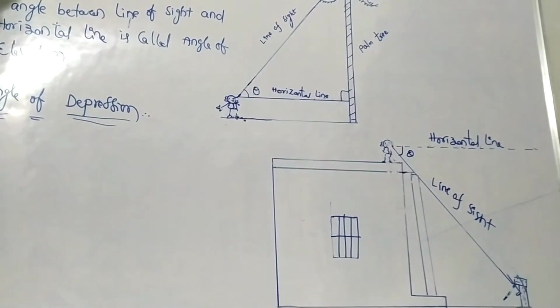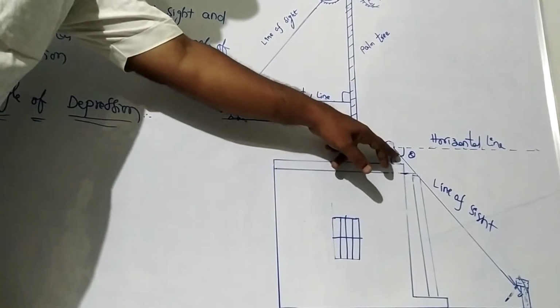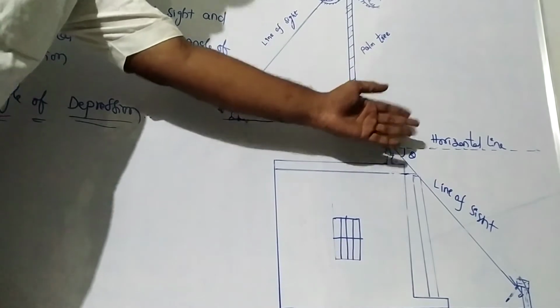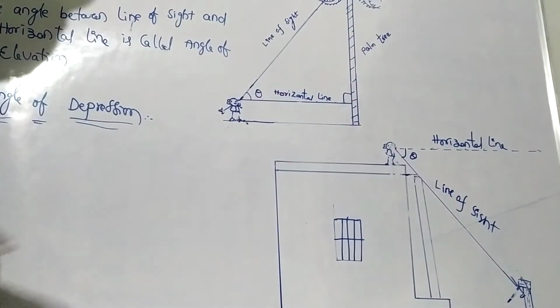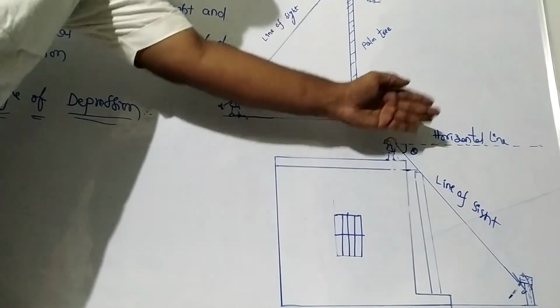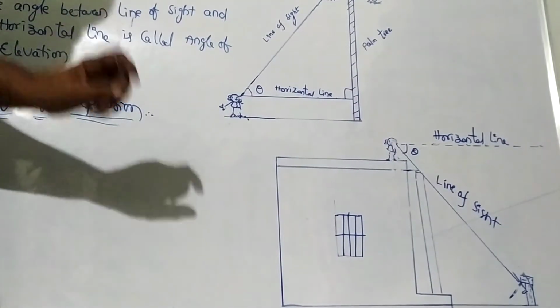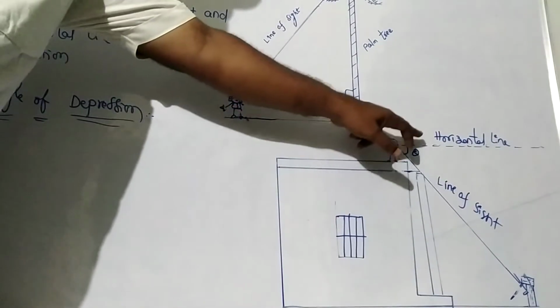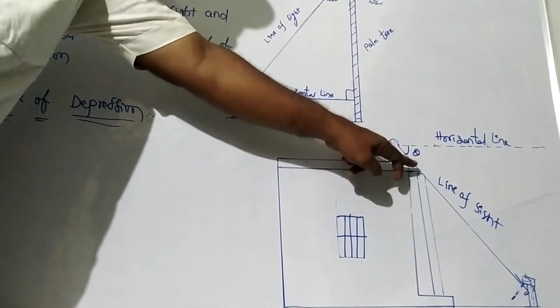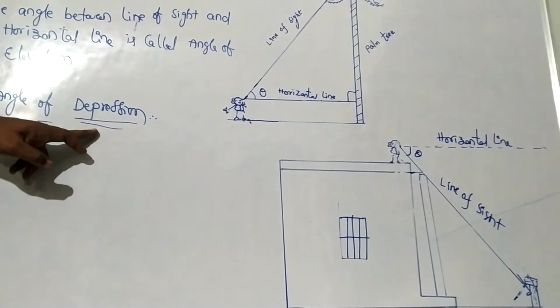Once observe here, the line of sight is below the horizontal line. Then the angle between the horizontal line and the line of sight is called the angle of depression.